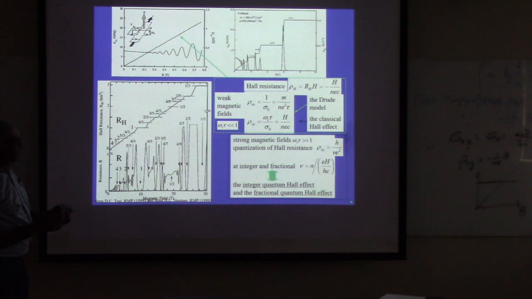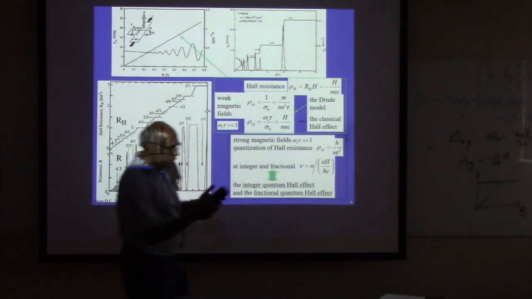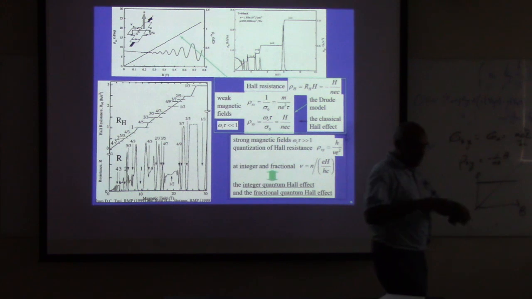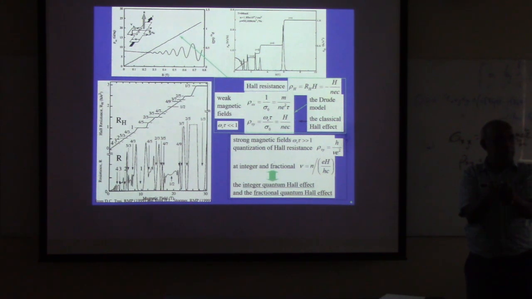But a few years ago, people found really interesting phenomena in this two-dimensional electron gas. When you put gallium arsenide, aluminum gallium arsenide heterostructures, there is an electron gas at the interface that's perfectly two-dimensional.